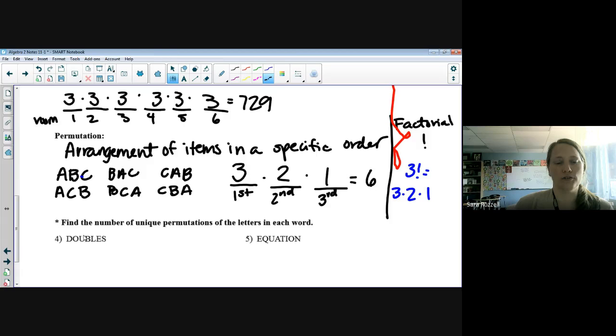So 1, 2, 3, 4, 5, 6, 7, right? There's 7 different of them. If we want to mix them all up, we can write our 7 spaces and do 7 times 6 times 5 times 4 times 3 times 2 times 1, or just write 7 factorial. You can do whichever one you want.